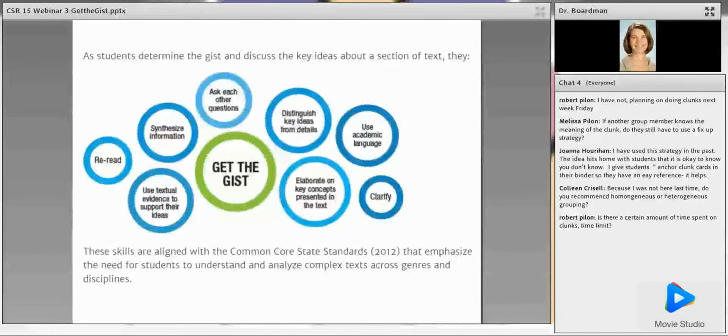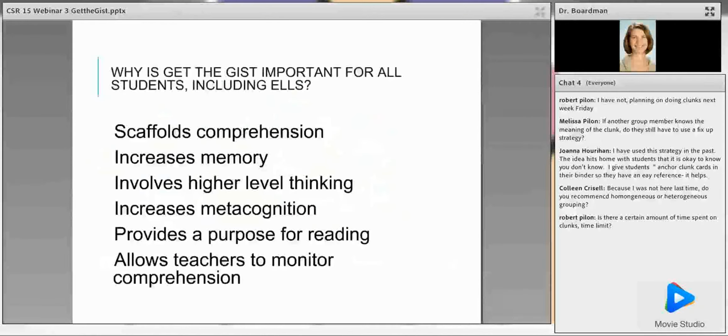They may be asking each other questions, and they're distinguishing the key ideas from the details. So these are all very important aspects that are happening throughout this iterative process of working and thinking on your own, and then discussing and giving each other feedback in a group.